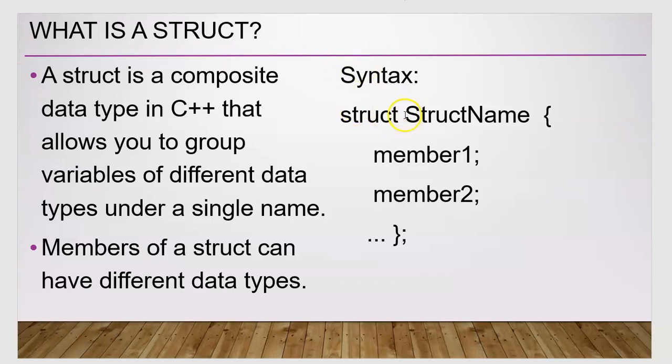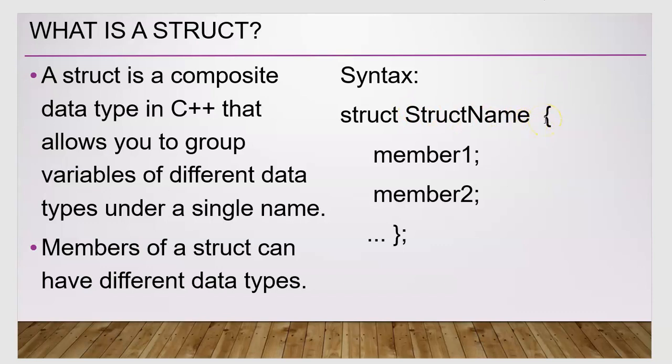So this is the basic syntax. We use the keyword struct, and then we have a name that meets our naming convention. So in this case, I'm using StructName, so uppercase the first word and uppercase the second word, and then unlike functions, there are no parentheses.